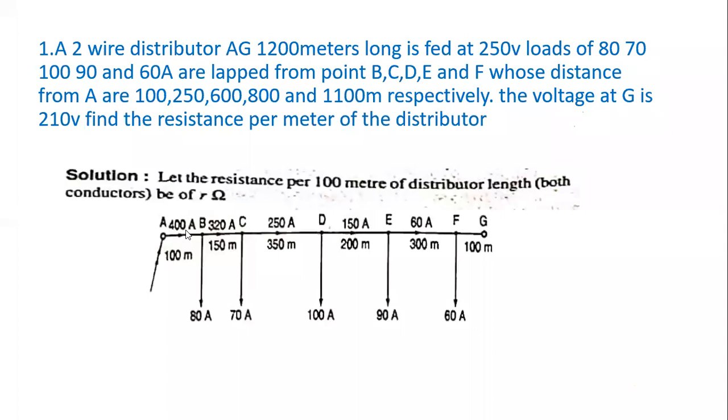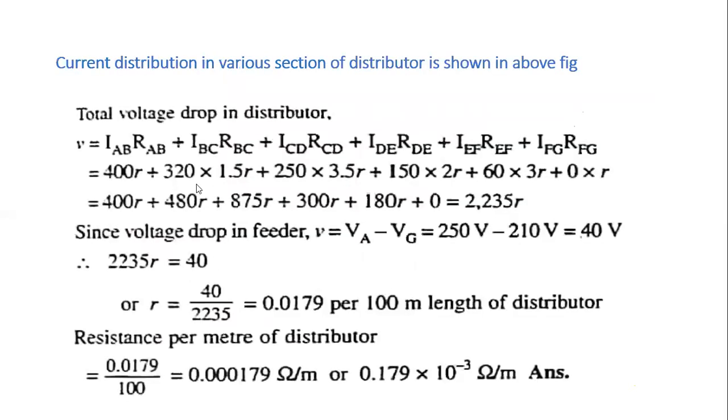IAB equal to IA minus the current. In the AB section, that current is 400 amperes. The currents are represented like this in the given figure: 400 amperes, 320 amperes, 250 amperes, 150 amperes, 60 amperes. These are the currents at various sections that are already given in the question. Then substitute those currents.